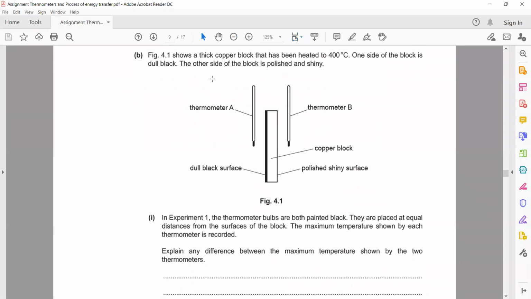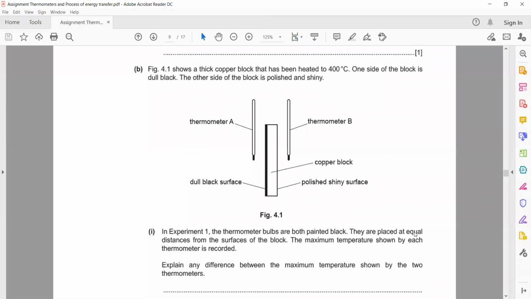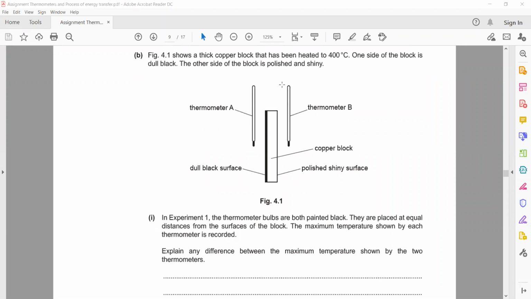Figure 4.1 shows a thick copper block that has been heated to around 400 degrees centigrade. One side of the block is dull black, and the other side is polished and shiny.